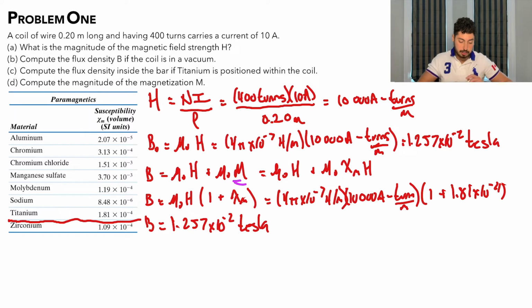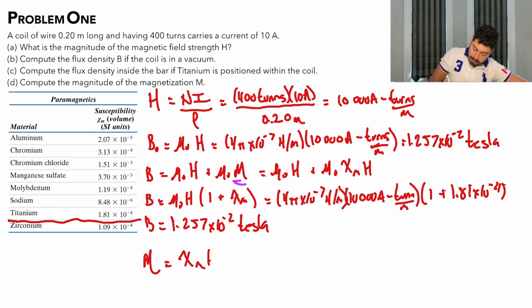And the final thing we need to do in part D is compute the magnitude of magnetization. Now in part C, we manipulated the equation so we didn't have the magnetization, and now we're going to do the following to solve for it. So we can say that the magnetization M is equal to chi m times H, where chi m again is the susceptibility of the material to magnetization, and we're going to read that from the table.